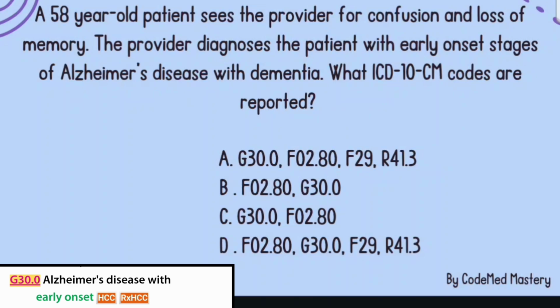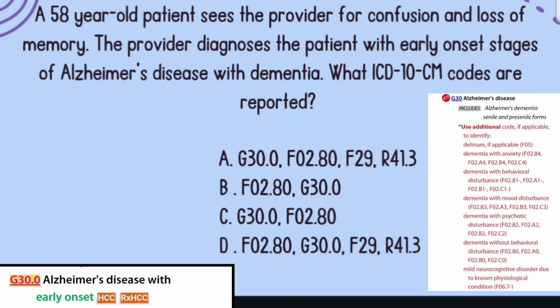When we verify the G30.0 code in the tabular list, there is an instructional note under the code section G30 which confirms that we should code also for dementia. F02.80 is the correct code because the provider does not mention any behavioral disturbances. Therefore, dementia without behavioral disturbance, F02.80, is the correct code.